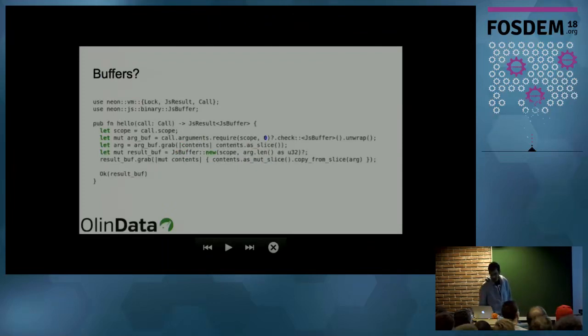Buffers, this is something about them. Like I said, it would be faster to use buffers rather than strings. Here's a small example of buffers. Does this work? Oh, great.